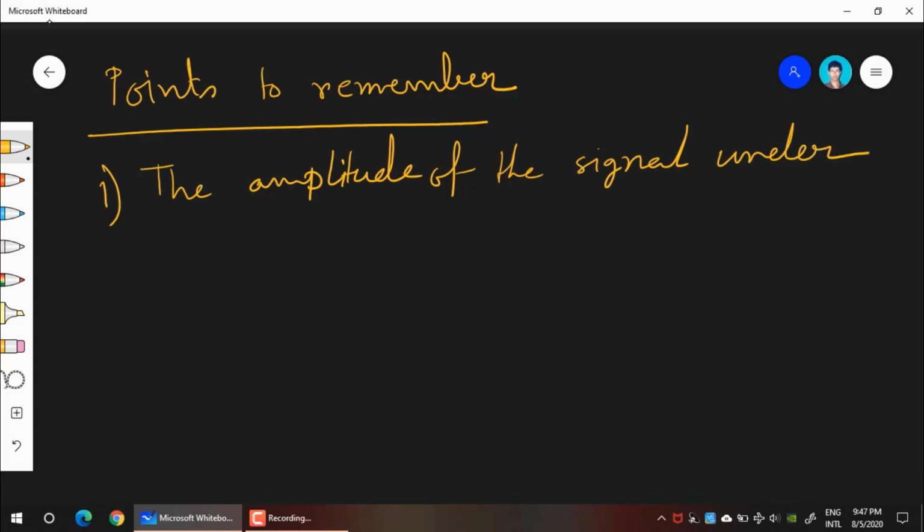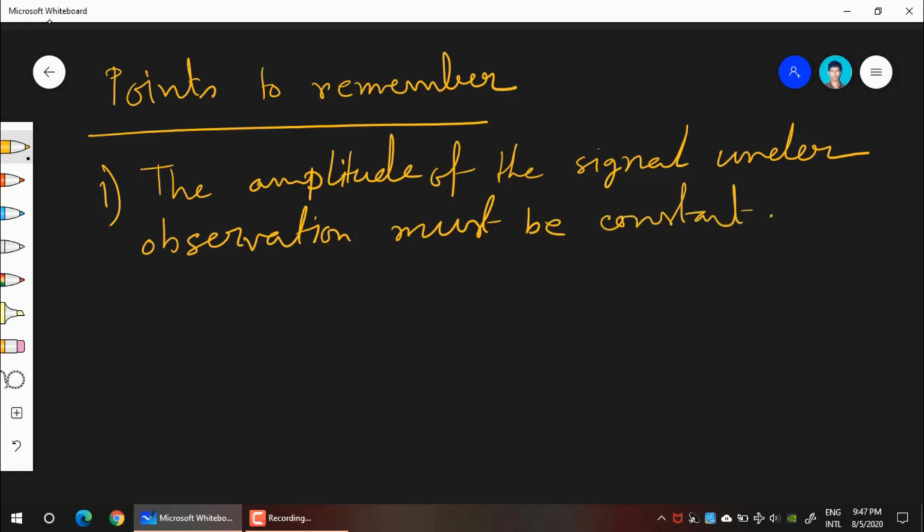The amplitude of the sinusoidal signal under observation must be constant.